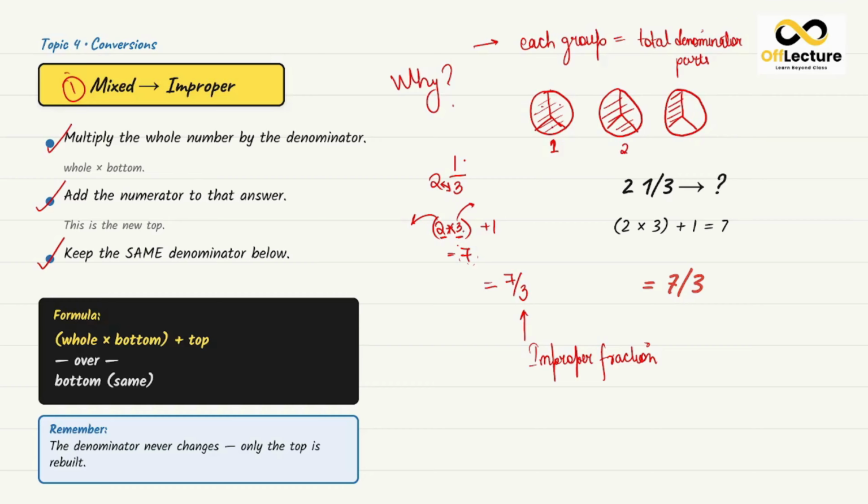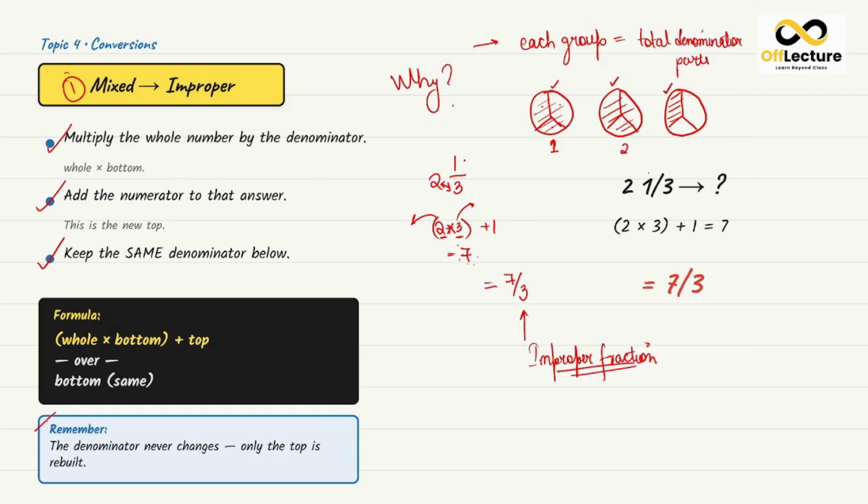Multiplying by 3 gives all the parts from the wholes, and when we add 1, the old numerator, we get all 7 parts, which becomes 7 over 3, our improper fraction.